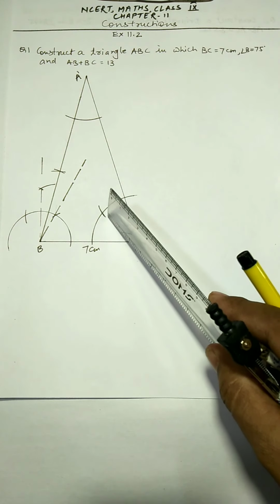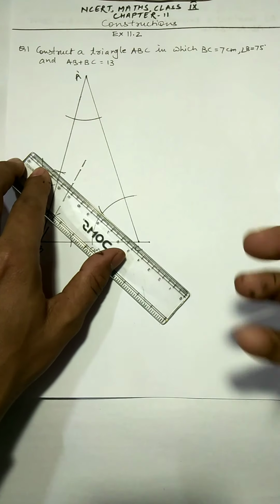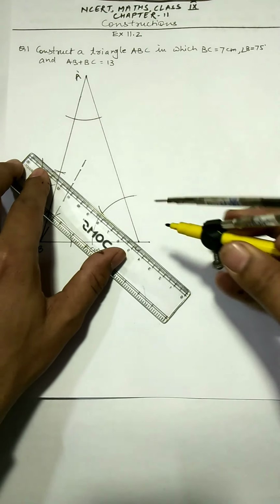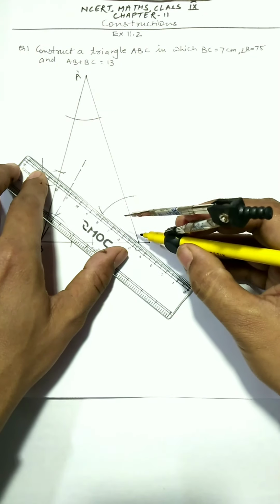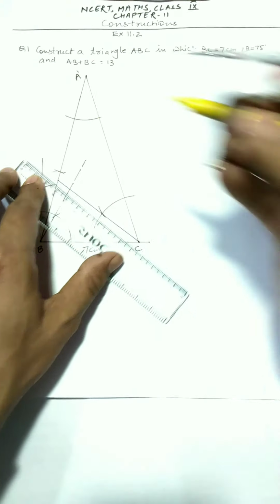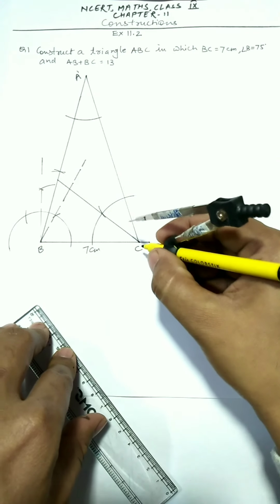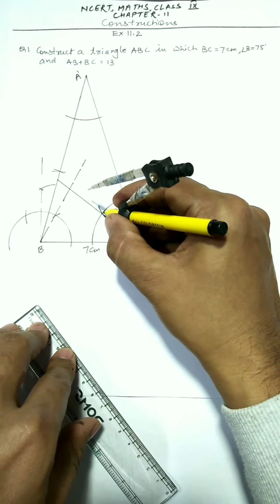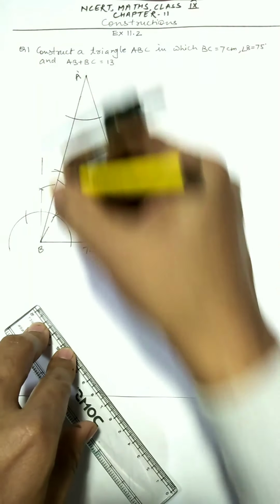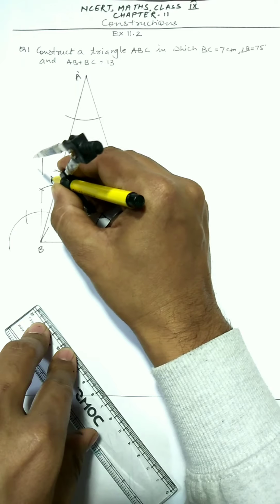After getting this point, you draw a line which will pass through the point of contact of these two arcs and C. Now I can see this line which is passing through C and this point of contact of these two arcs is meeting A dash B at this point. So name this point as A.